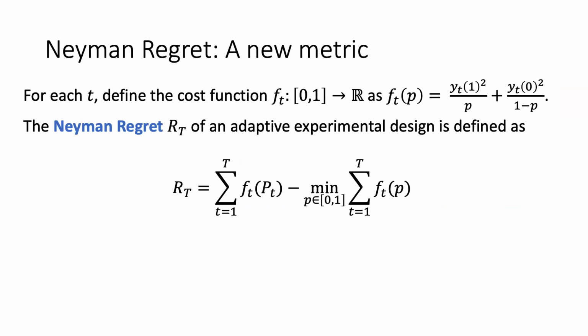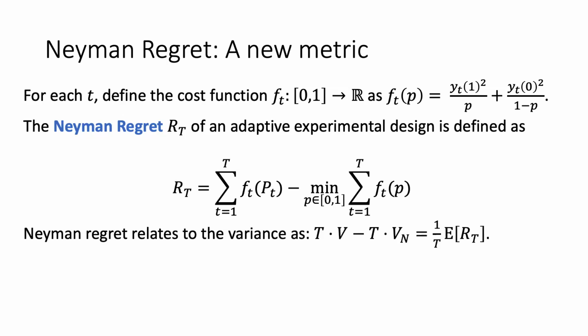Now this regret is a random variable because what you play is random. But the Neyman regret relates to the variance in the following way. If you look at the difference between the true variance of your design and the Neyman variance, it is equal to 1 over T times the expected Neyman regret.